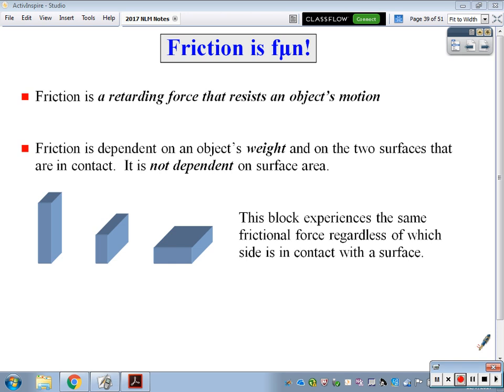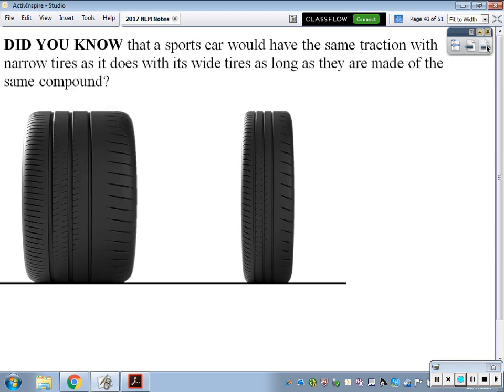It's just changing how it gets distributed. Okay, so when we do lay this block flat on its side like this, that gives us the greatest amount of surface area. If there's a way of measuring the amount of force per square inch or per square centimeter, however we want to measure that, it actually would be less because it's being distributed over greater surface area.